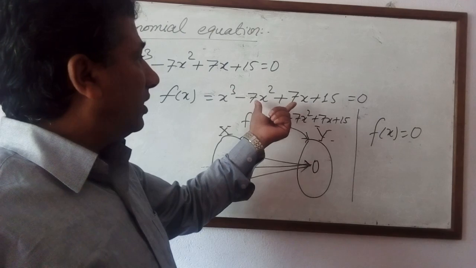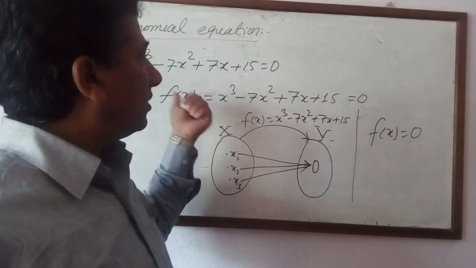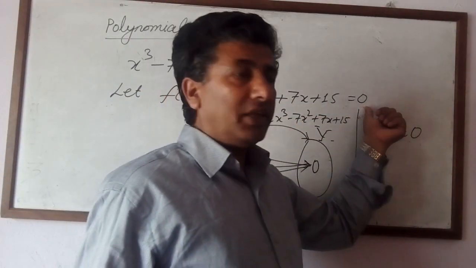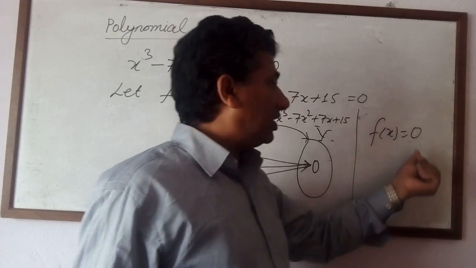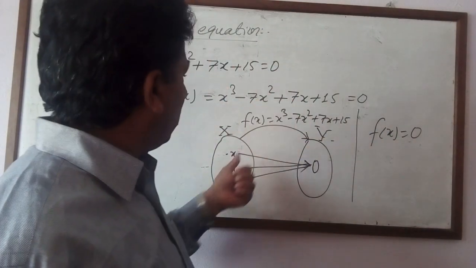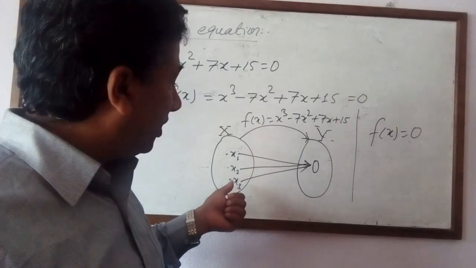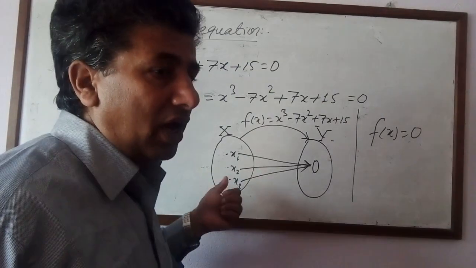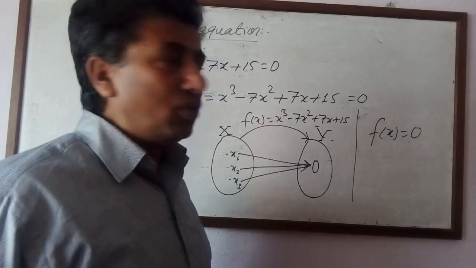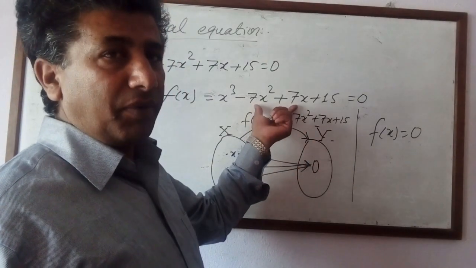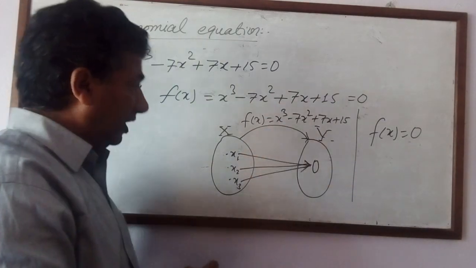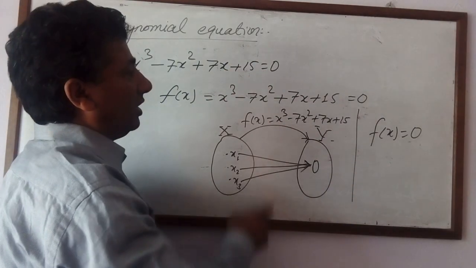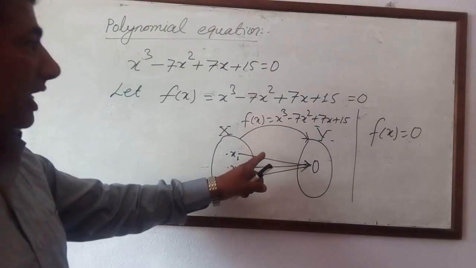In this function, write the value of x such that the image should be 0. We know it has 3 values, x1, x2, x3, which are also known as roots of the equation. This is the meaning of the polynomial equation in terms of a function, which I explained here.